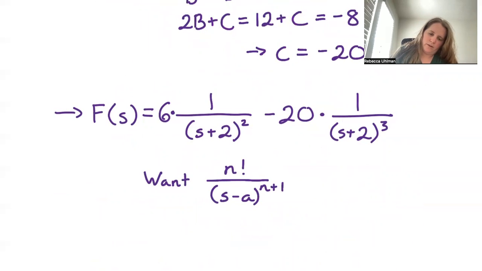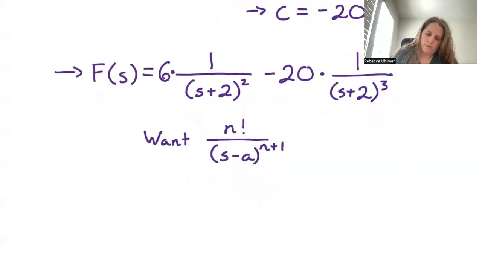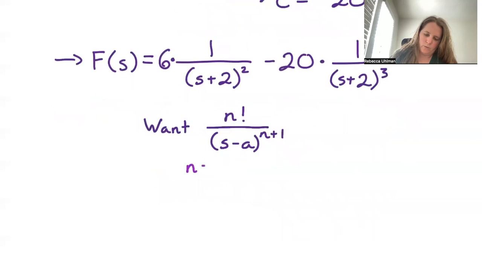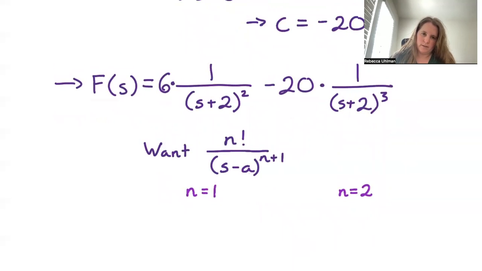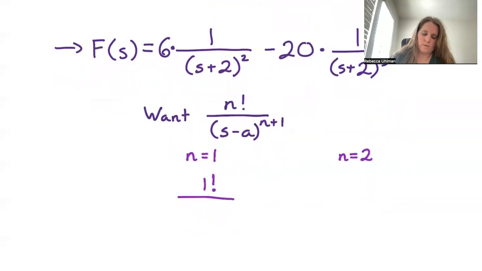So in this first one, we're looking at n equals 1. On the second one, we are looking at n equals 2. So we want 1 factorial over s minus negative 2 raised to the 1 plus 1. 1 factorial is just 1, so we can leave the 6 out front.